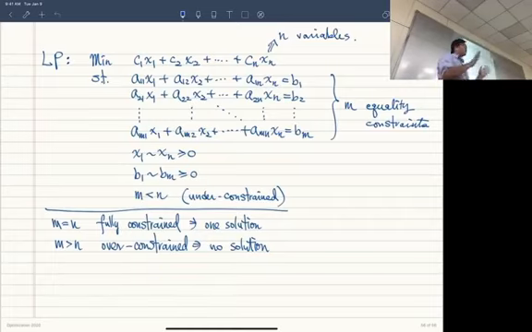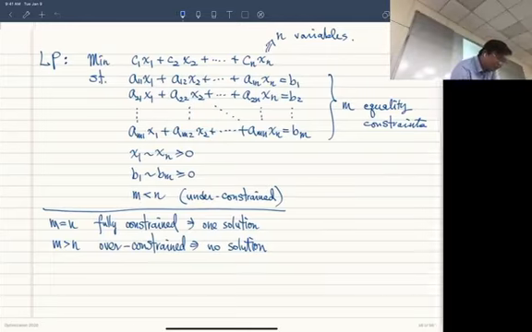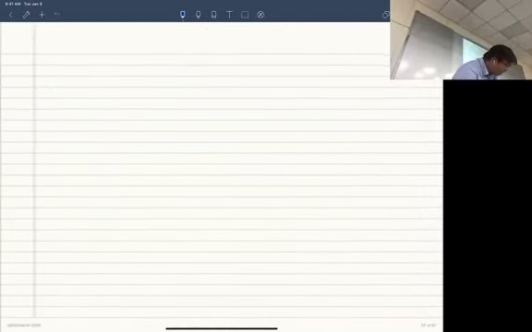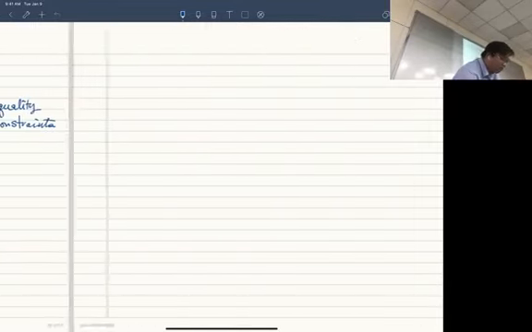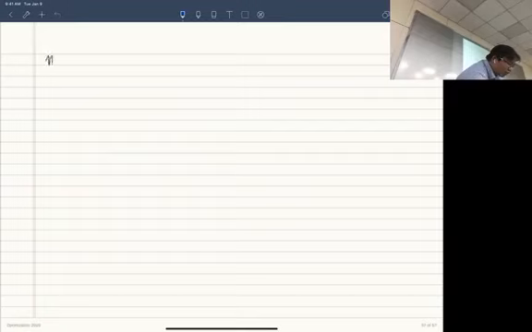rewrite this whole thing in another way, and that will make our following derivation easier. So usually in LP, we can rewrite this whole thing into the vector form. So when we do it in the vector form, it's actually looking like this.